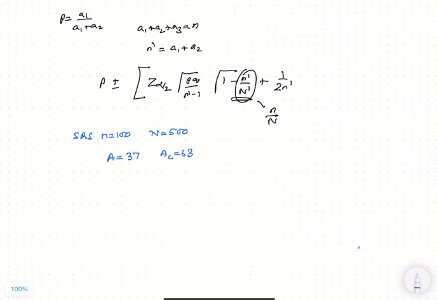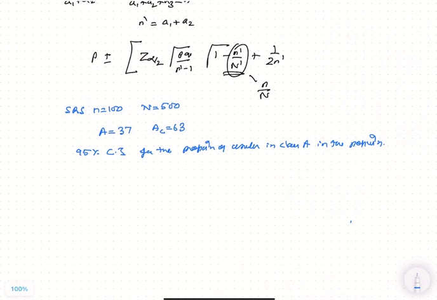We want to calculate the 95% confidence interval for the proportion of units in class A in the population. So in a situation like this, we already know p is equal to 0.37. We just need to calculate the confidence interval.